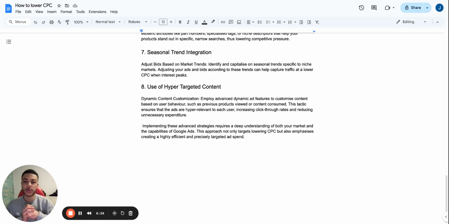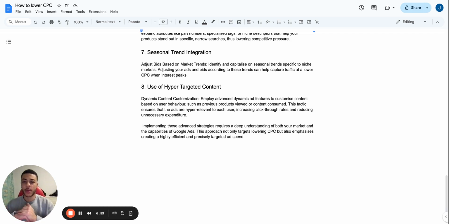Adjusting your ads and bids according to these trends can help capture traffic at a lower CPC when interest peaks. So essentially, imagine if you're selling Halloween costumes during Halloween. You'd want to hike up your budget during that time and maybe lower it for the rest of the year in order to lower your CPC and maximize your profits at certain times.